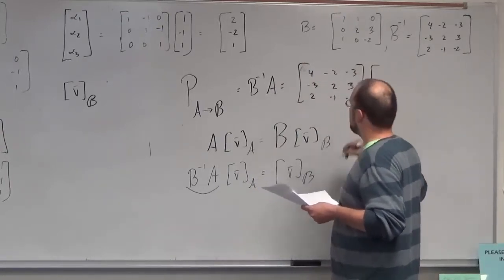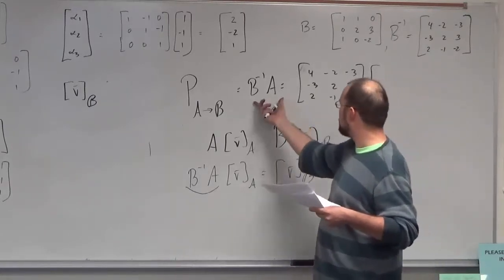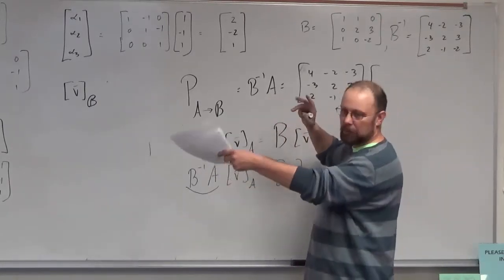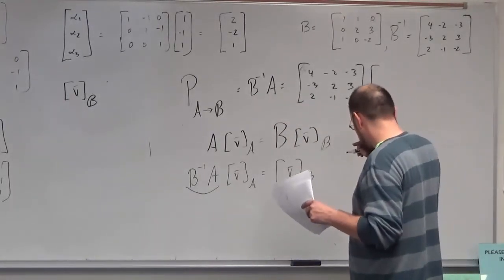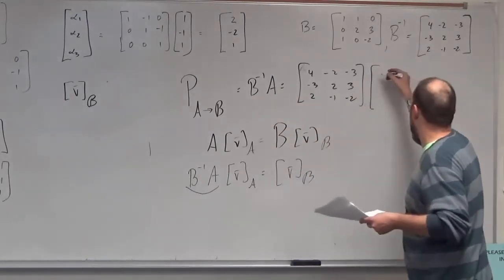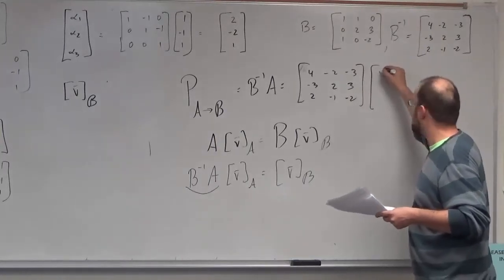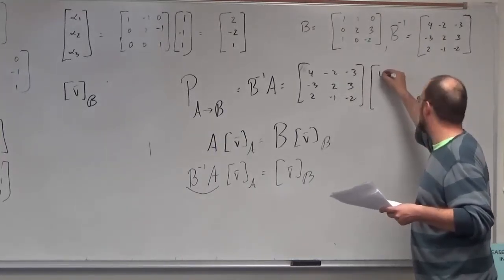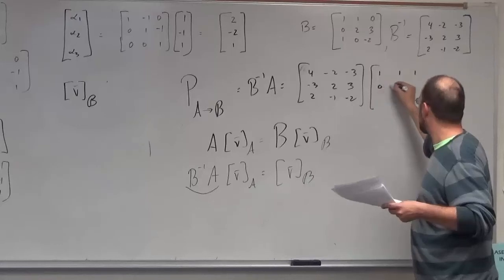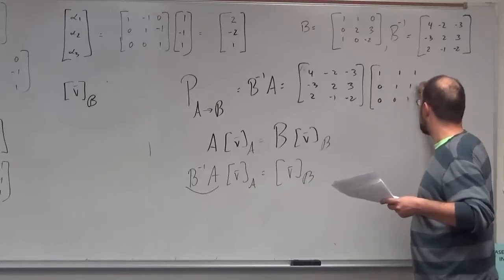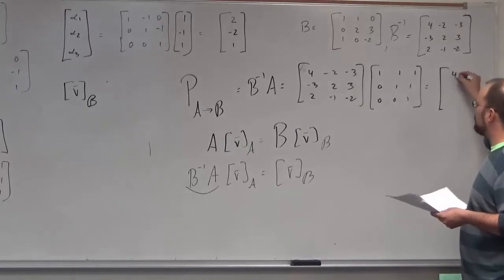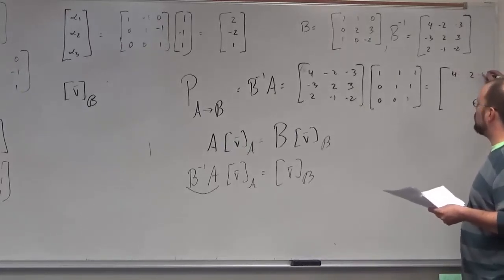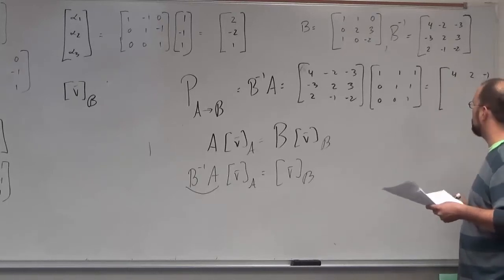Your book might give you a different way of actually finding this, where you augment one matrix with the other and you start row reducing. But I'll mention that in a second. Here's matrix A. All right, so we get 4, 2, -1.